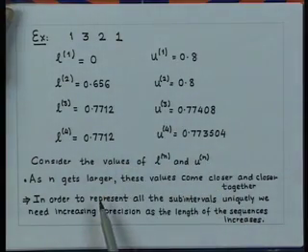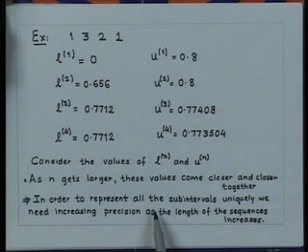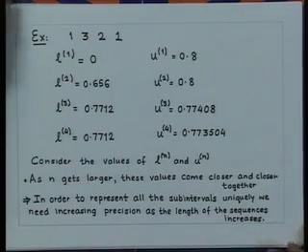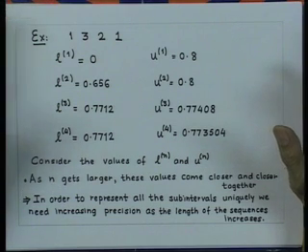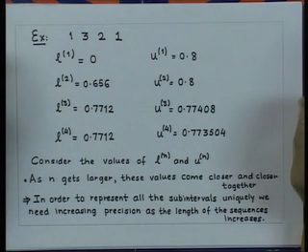So, in order to represent all the subintervals uniquely, we need increasing precision as the length of the sequences increases. Now, in a system with finite precision, the two values are bound to converge, and if these two values converge, we will lose all information about the sequence from the point at which the two values converge.